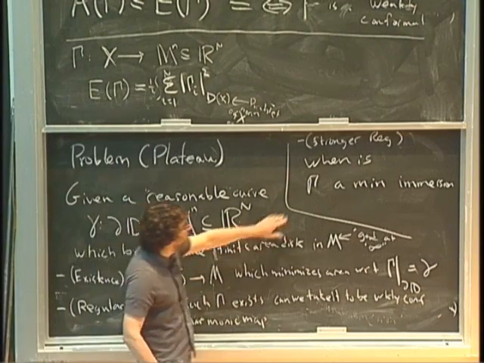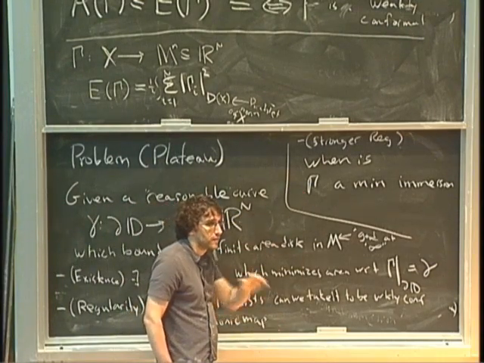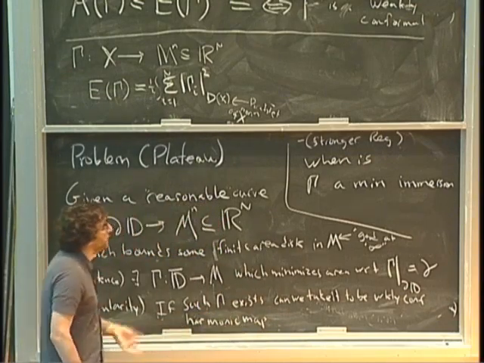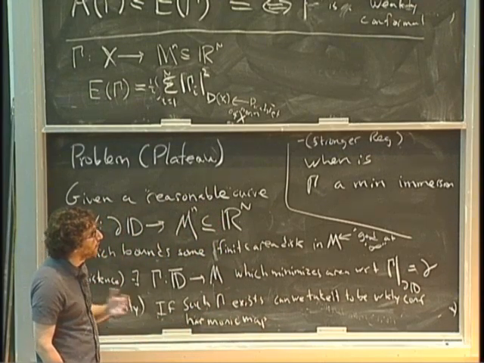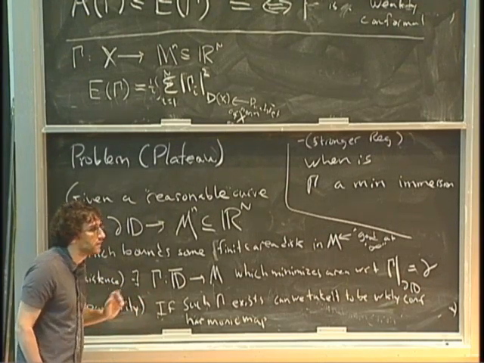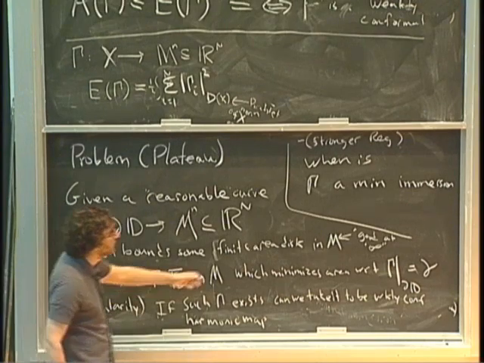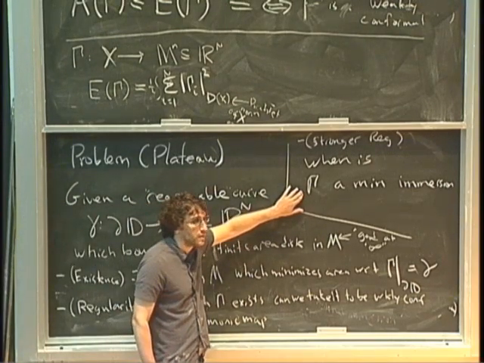If it's a minimal immersion, the only way it could fail to be smooth as a submanifold is if it crosses itself. And of course you can convince yourself it has to cross itself for lots of curves. For example, if the curve is knotted, like the trefoil, it bounds a minimal immersion, but there is certainly no way to make that embedded.